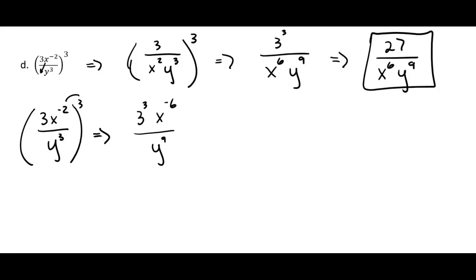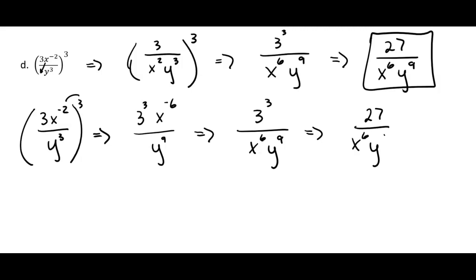But then you would have had to take care of the negative exponent on the x. So then you would have had 3 cubed over x to the 6th, y to the 9th. And then you still would have multiplied out the 3 times 3 times 3, and so we would have gotten the same answer. You just have to be careful. Take it one step at a time. There you go.